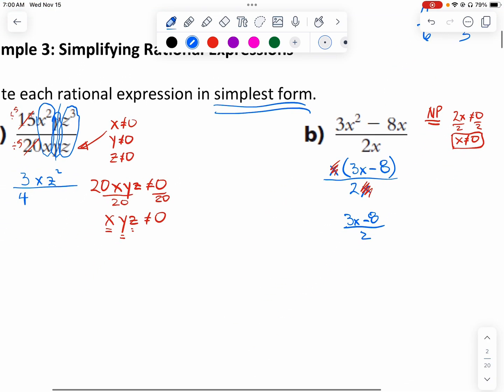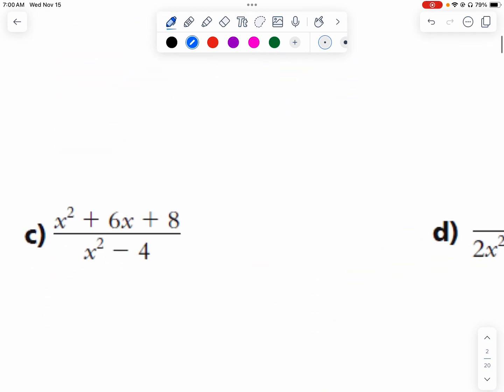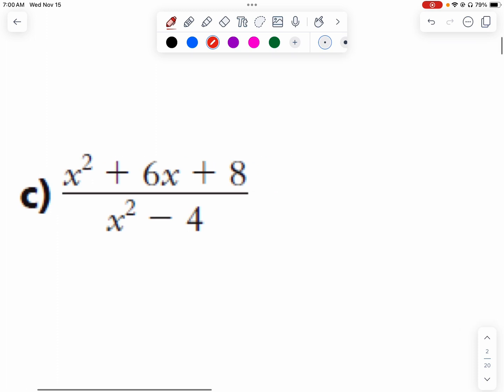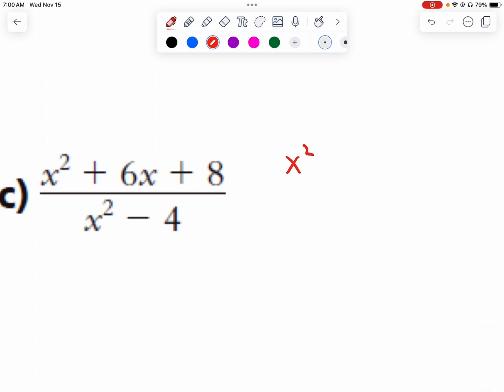Question C. Again, we determine our non-permissible values first. So now I have x squared minus 4. That cannot equal 0. Two ways you can go about finding these non-permissible values. I see that this factors, it's difference of squares, so it's a very quick factor. Or you can use the square root method as well.